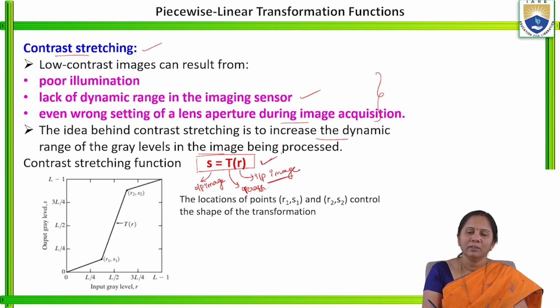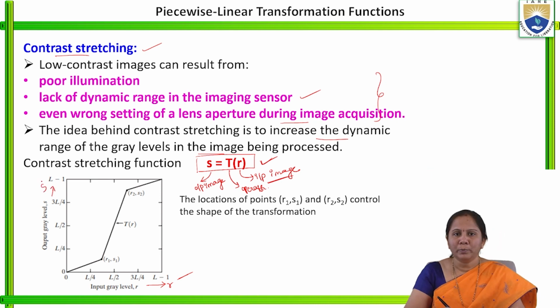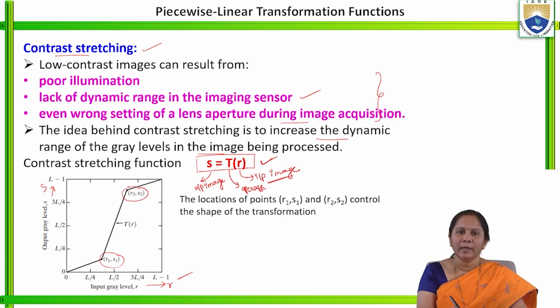Based on this function, we can observe the graph. The x-axis represents the intensity pixel values of the input image, R, and the y-axis represents the output pixel values S. In this graph we can observe two points: (R1, S1) and (R2, S2).